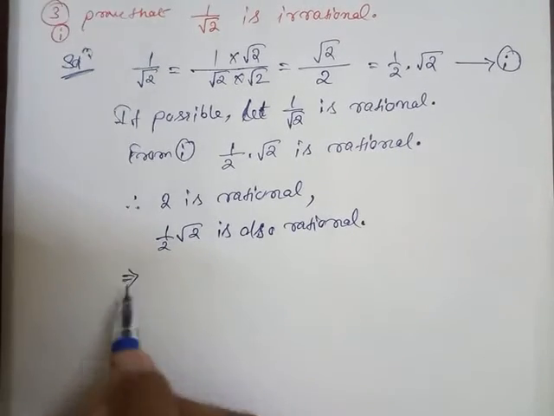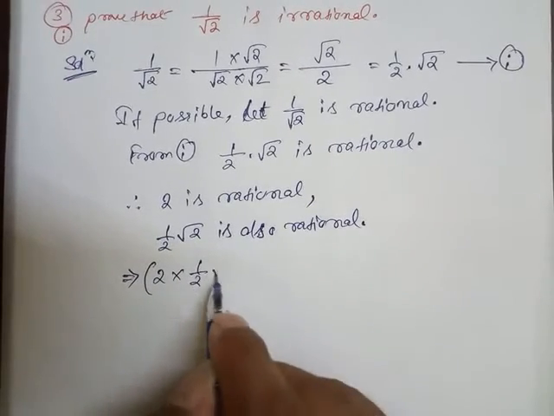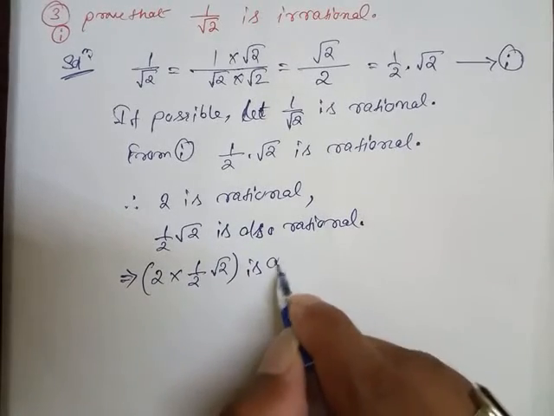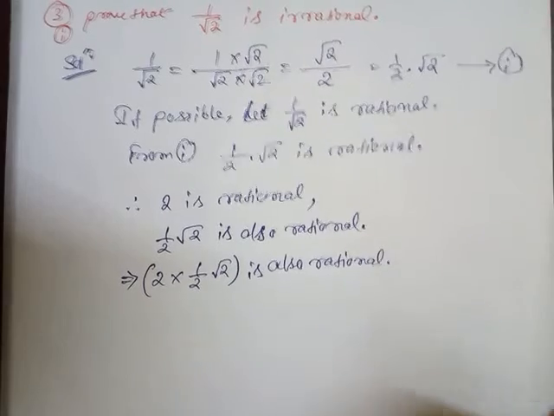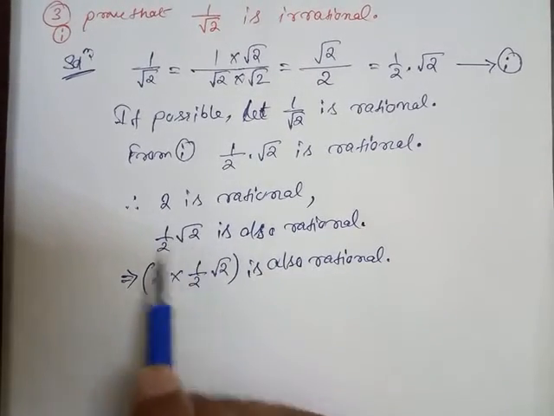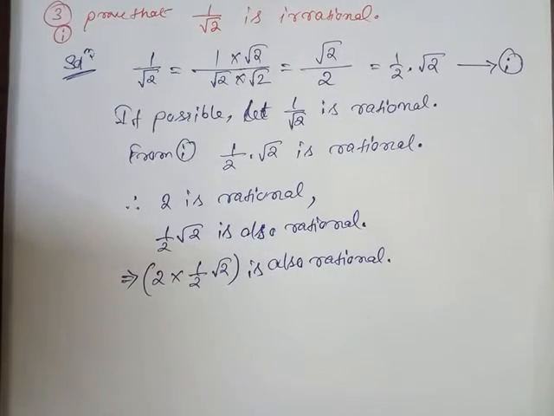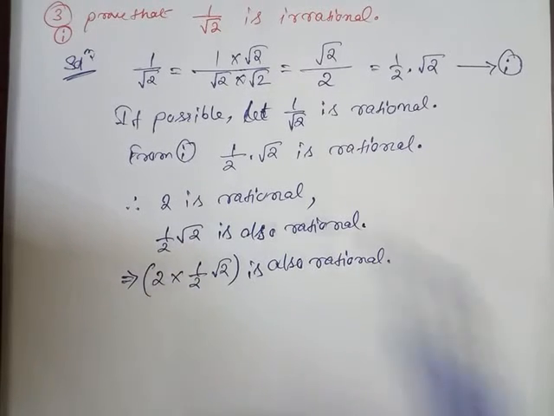Now after that, it implies 2 into half root 2 is also rational. If I multiply this value with 2, because 2 is rational and this value is also rational, the product of two rational numbers is also rational. That's why this is one rational number, this is another rational number, so the product of two rational numbers is also rational.